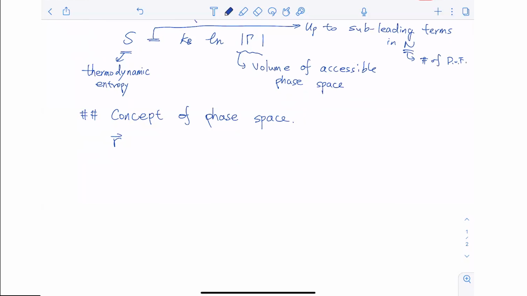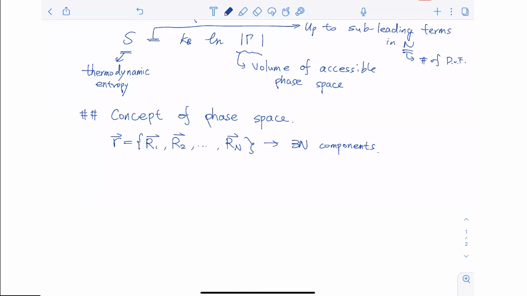Basically, in order to describe the coordinates of our particles, we need to specify the coordinates for all the particles. So for example, we need to specify R1, R2 to RN. In principle, if we live in 3 dimensions, this is a vector with 3N components.